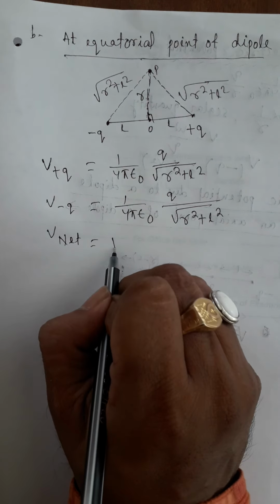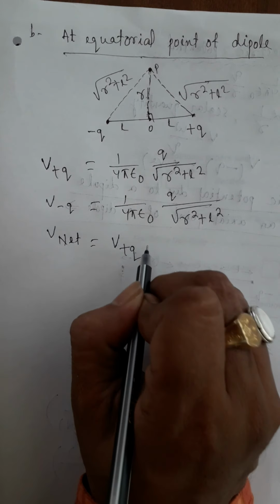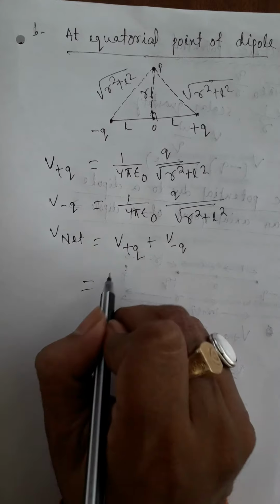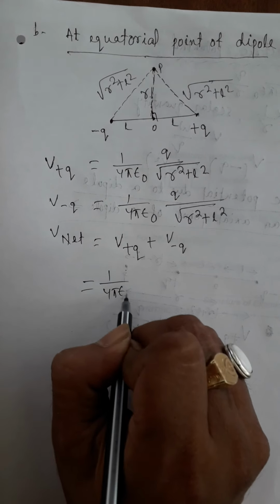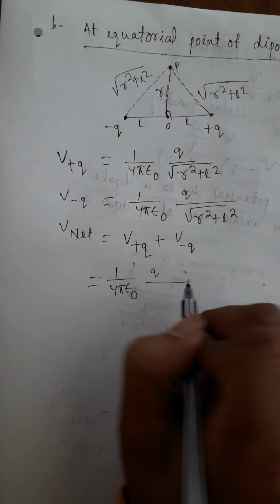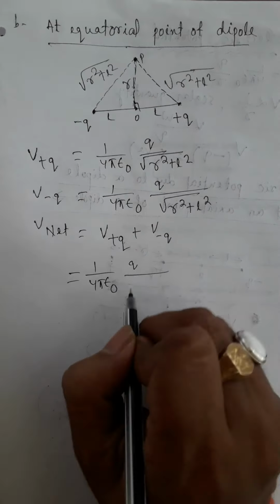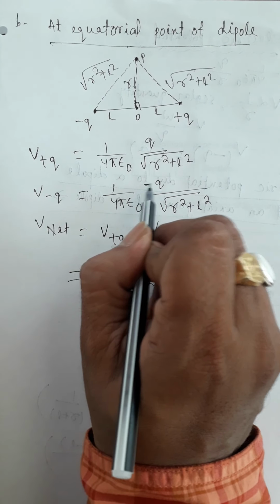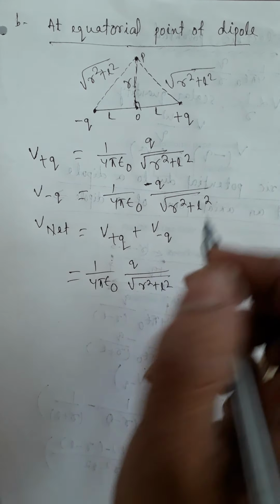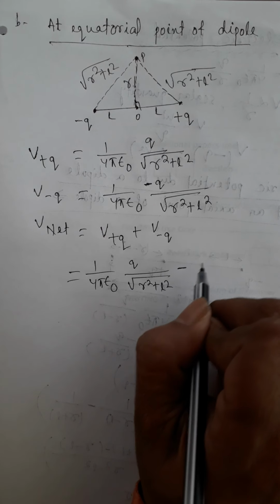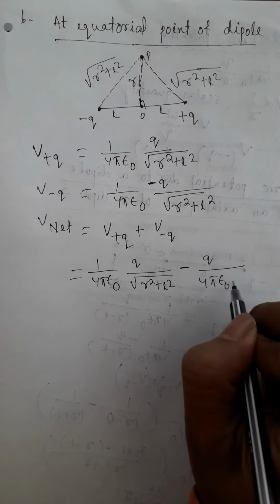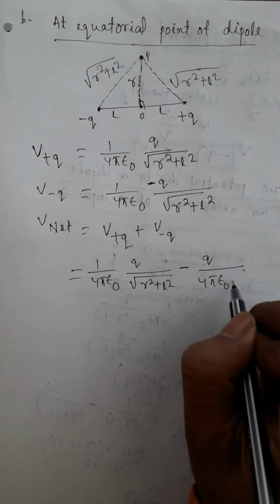So net potential will be V plus Q plus V minus Q. That will be 1 by 4 pi epsilon naught, Q divided by root over of r square plus L square. For the negative charge it will be negative, minus q divided by 4 pi epsilon naught root over of r square plus L square.